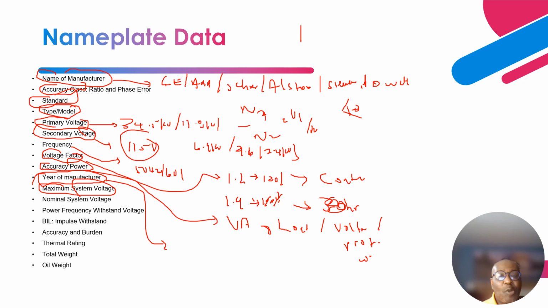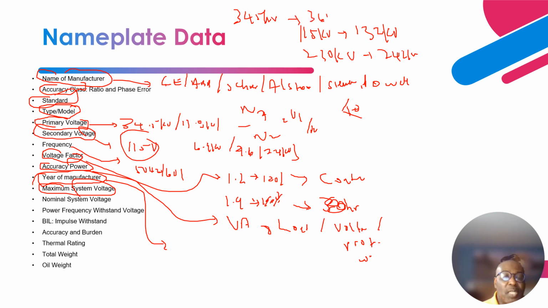So if you have a voltage level of 115 kV, the maximum you have is 132 kV, and if you have a nominal voltage of 230 kV, the maximum is 242 kV. Right? If you have a nominal voltage of 345 kV, the maximum is 362 kV, and so forth.